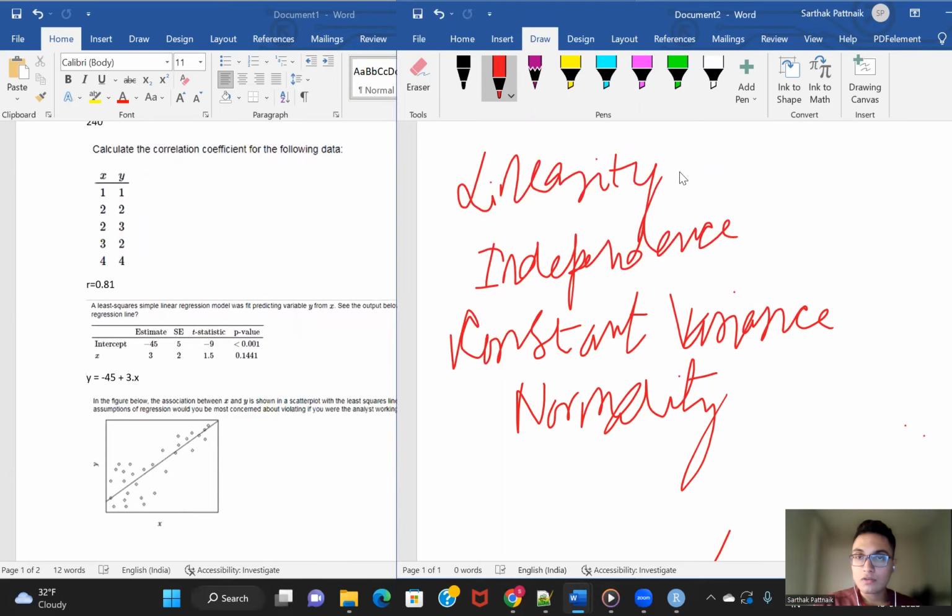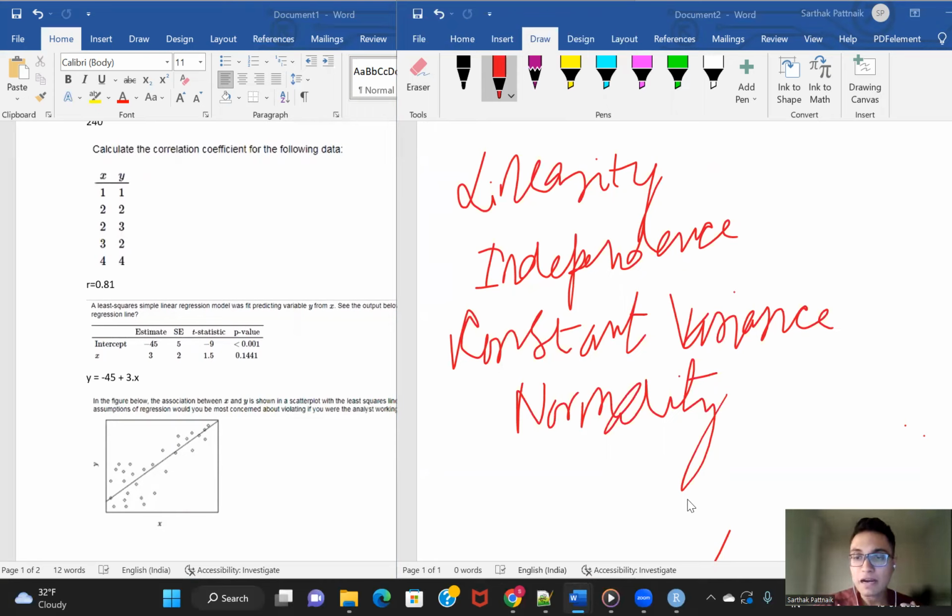So we will see the residual plot of this particular scatter plot and see which of the four assumptions it is violating. Now, if you turn this line into a horizontal line, then you will see that the points are fairly randomly scattered and you are not able to see a non-linear pattern.